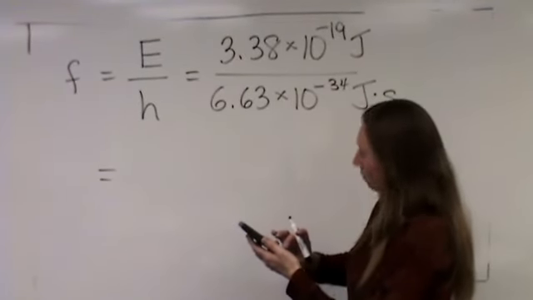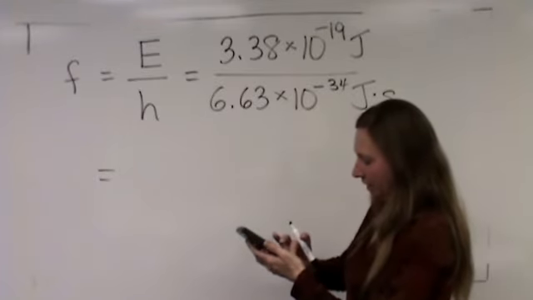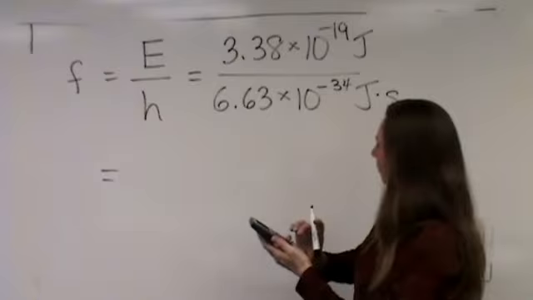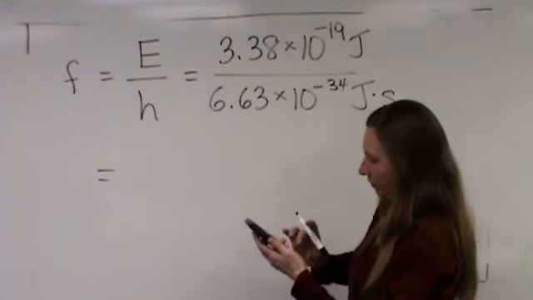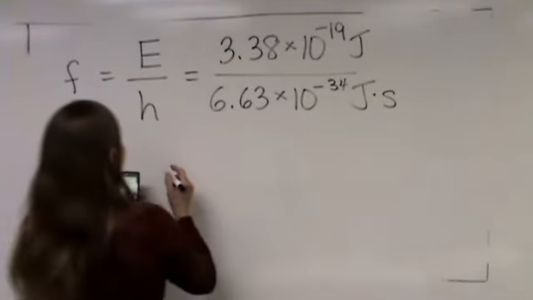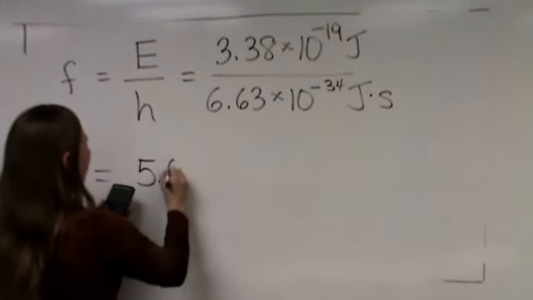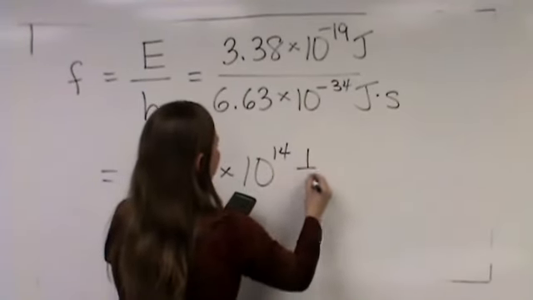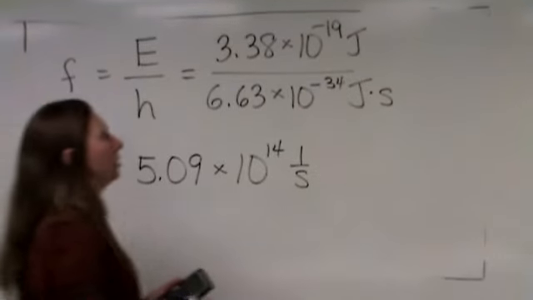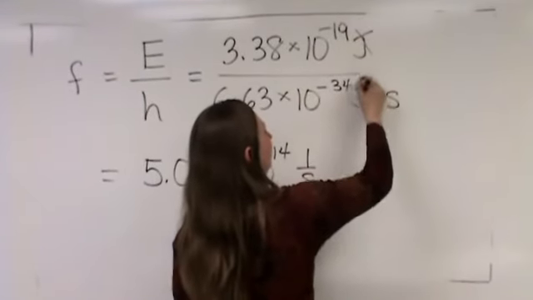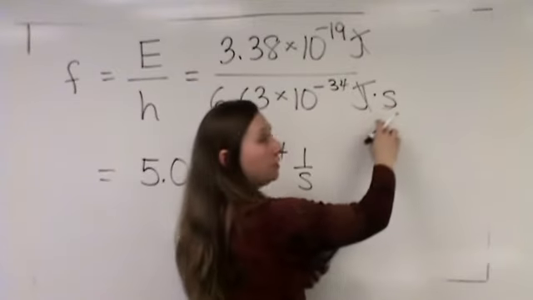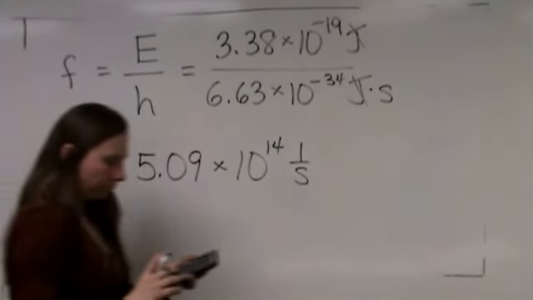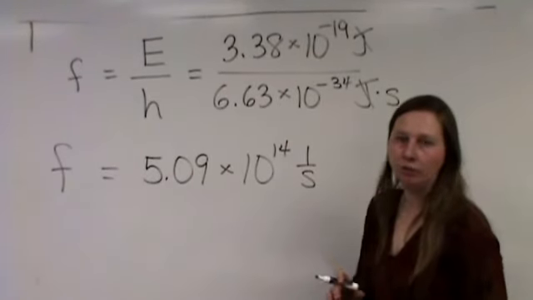Let's see, 3.38 E negative 19 divided by 6.63 E negative 34 equals, and here we go, 5.09 times 10 to the 14th, and frequency would be inverse seconds. All right, these joules cancel, and we have seconds here on the bottom, so your unit is 1 over seconds. This is the frequency of the 2.11 electron volt photon.